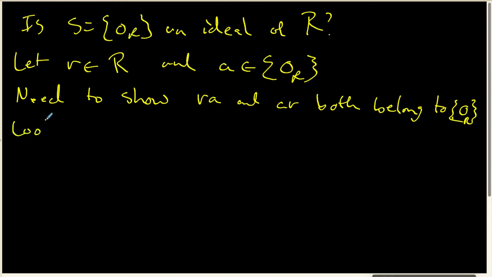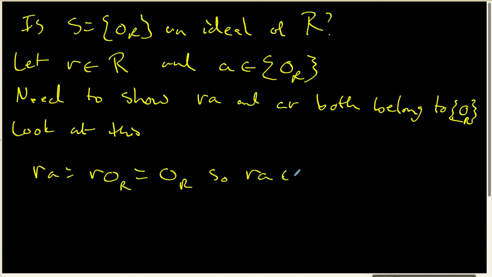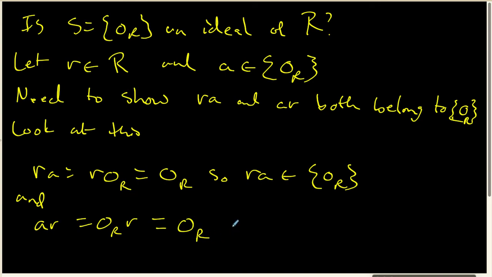Well, look at this. RA is just R times 0, and we know that anything times 0 is equal to the 0 element. So RA does indeed belong to my subring. And likewise, AR is equal to 0 times R, and 0 times anything is also equal to the 0 element. So A times R is indeed inside my subring.